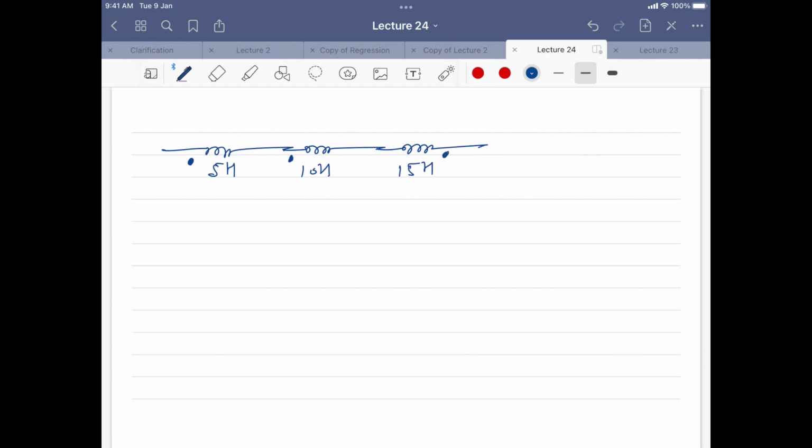This is L1, this is L2, this is L3, and M12 is 2, M23 is 3, M13 is let us say 100. If the current is flowing like this, can anyone tell me what will be the equivalent inductance of this particular circuit? I will give you 5 minutes to solve.